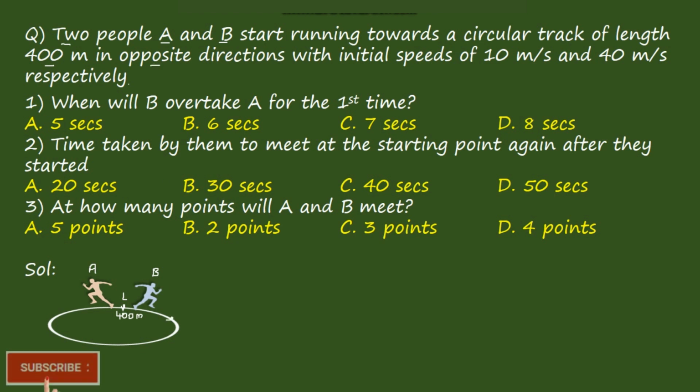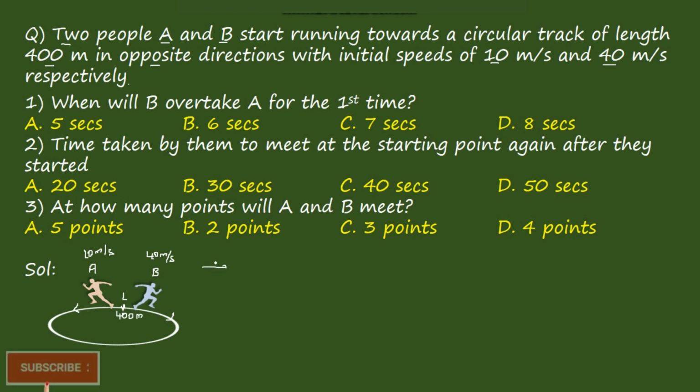So both of them are moving in the opposite direction. If one moves east, the other would move west, right? With initial speeds of 10 meters per second and 40 meters per second respectively. So the speed of A is given as 10 meters per second and B as 40 meters per second, right? The first question they are asking, when will B overtake A for the first time?